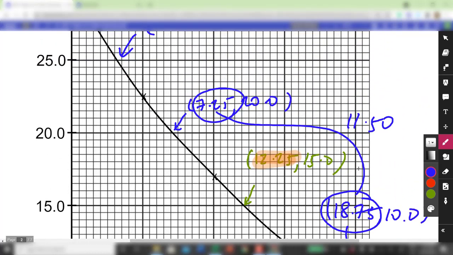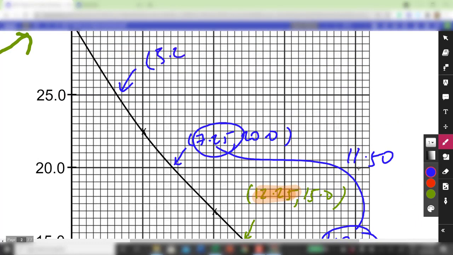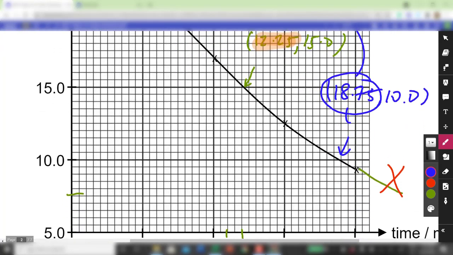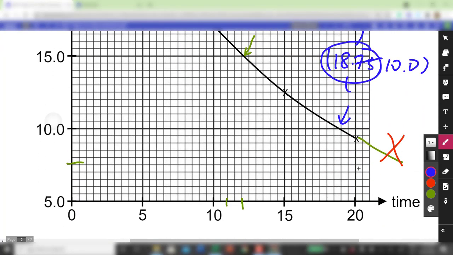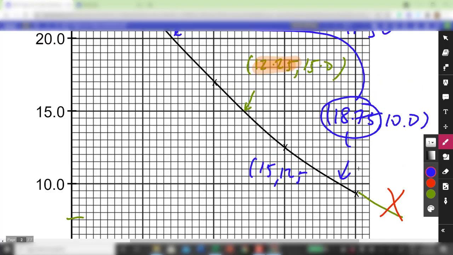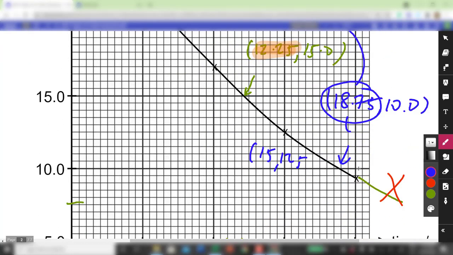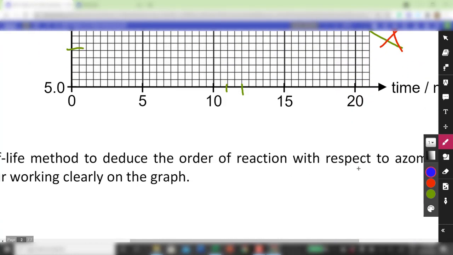That's 3.25 and 25. And then 12.5, we just have a point here. So that's 15 and 12.5, so maybe this is nice. So 15 minus 3.25.